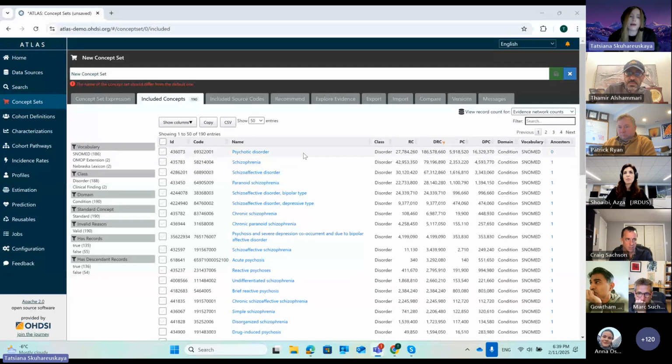First, we have codes for psychotic disorder, schizophrenia, schizoaffective disorder, other types of schizophrenia, and so on, exactly what we wanted when we were doing our clinical description and literature search. Then we come across something that we would not want to see: a concept called psychosis and severe depression concurrent and due to bipolar affective disorder.